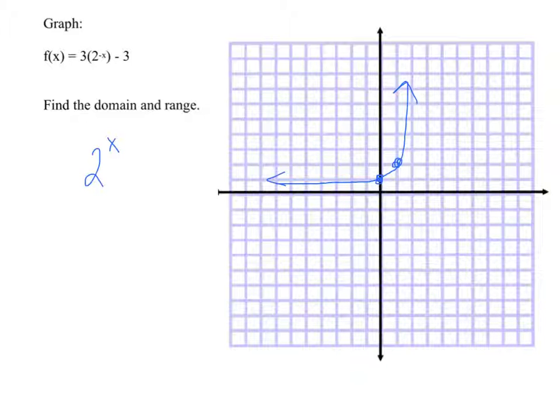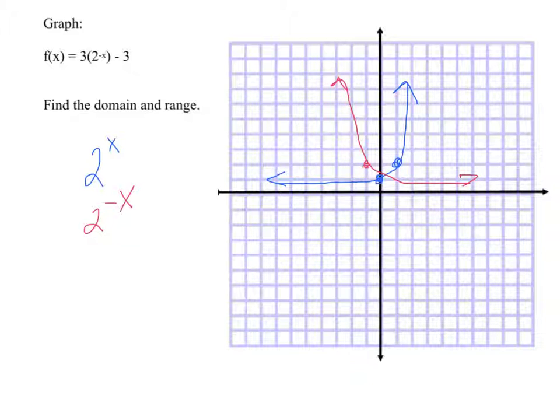Okay, now let's transition because this was to the negative x power. So that's going to reflect it. Now it's going to look like that. And again, this is just a real general sketch.